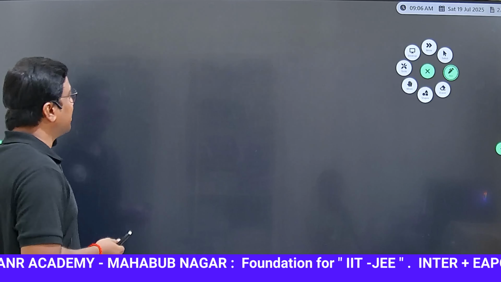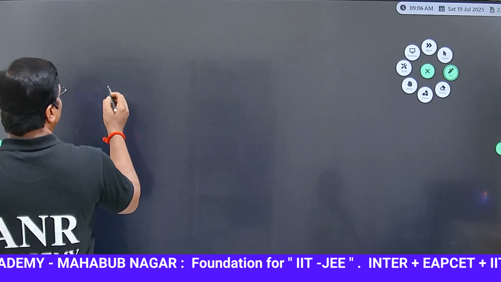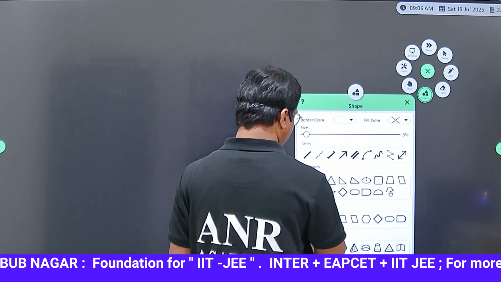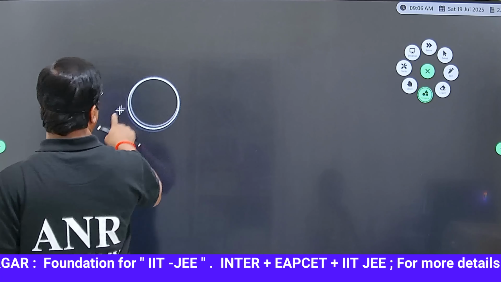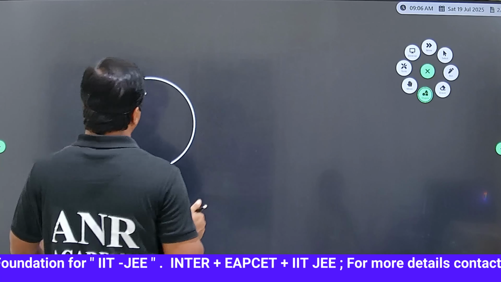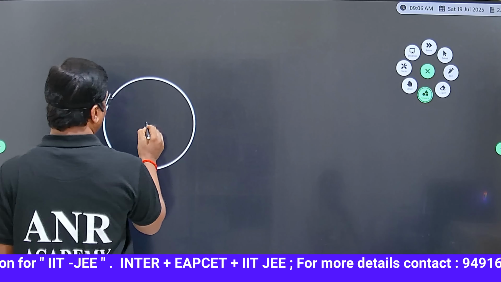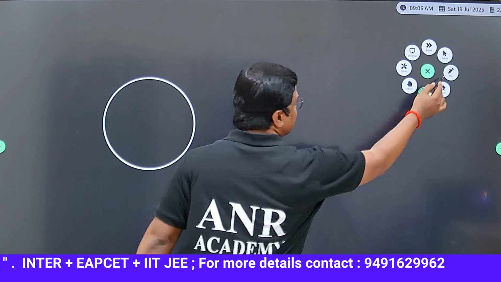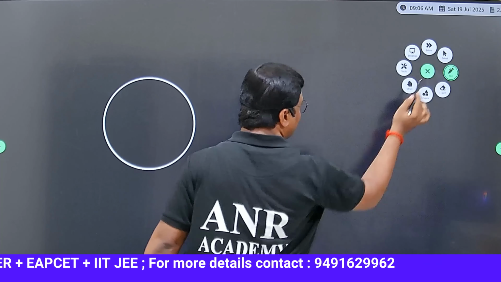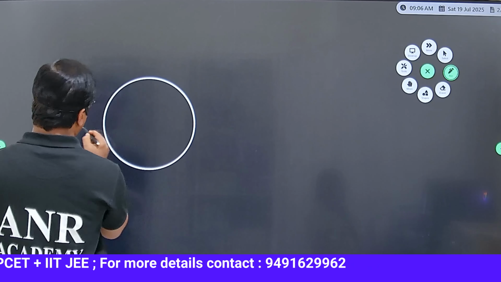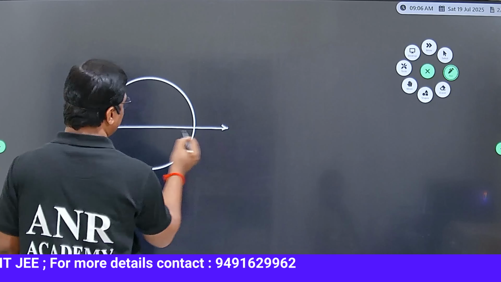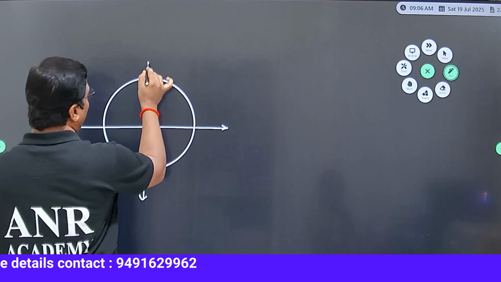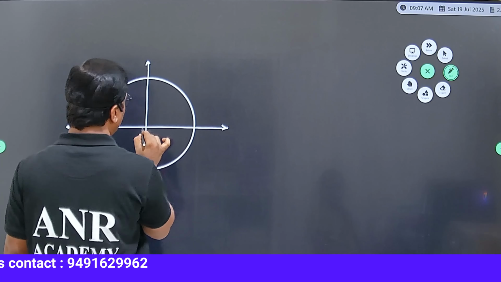In the real number system, circular cosine is defined on a circle. Suppose I select the x-axis and y-axis. This is the x-axis and this is the y-axis, and assume that this is a unit circle.